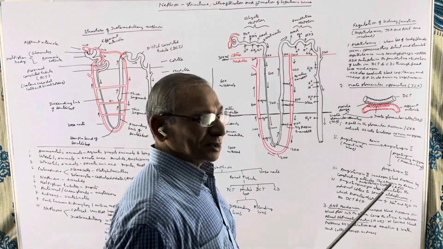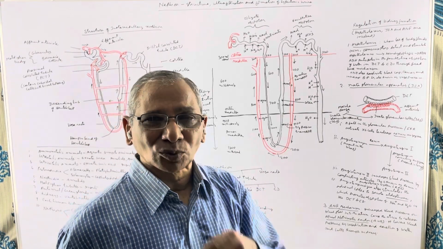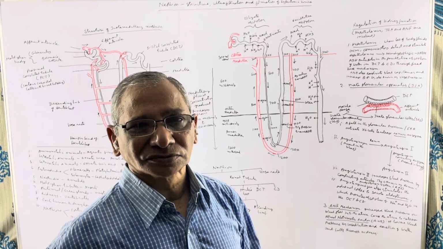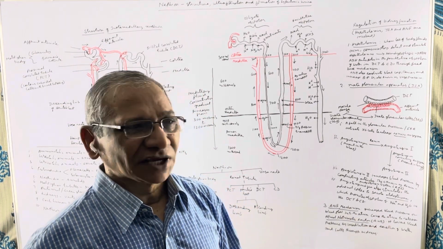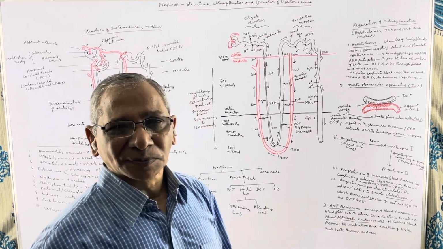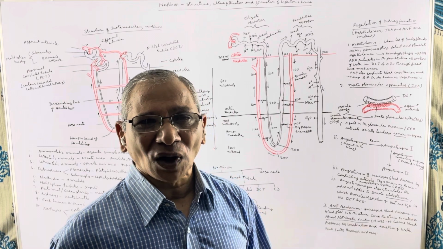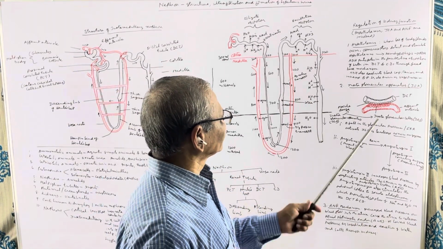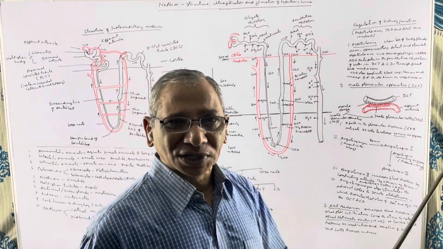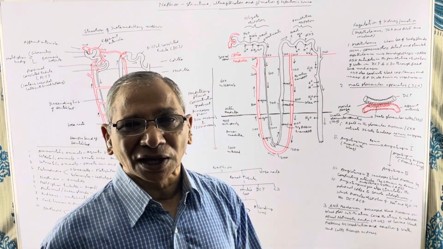ADH is the enemy of diluted urine. That means it promotes absorption of water in the kidney. So ADH acts upon the nephrons and helps in absorption of water into the blood. When water is absorbed into the blood, what happens? Blood volume increases, and blood pressure increases and comes to the normal level.